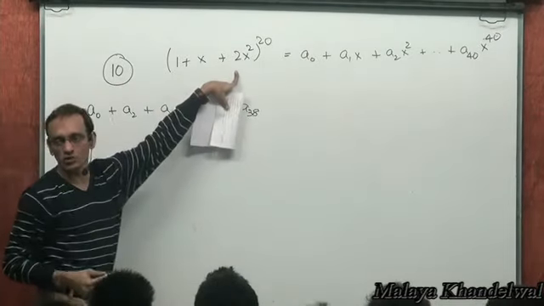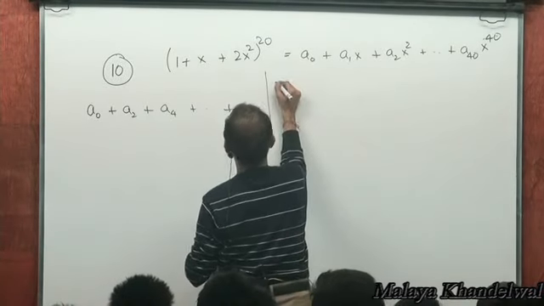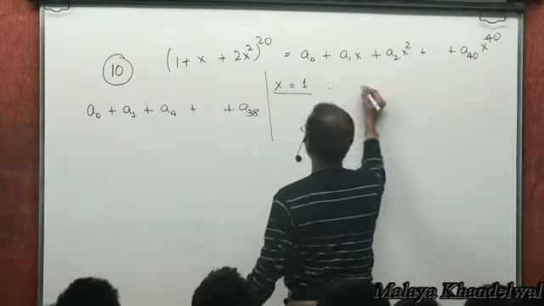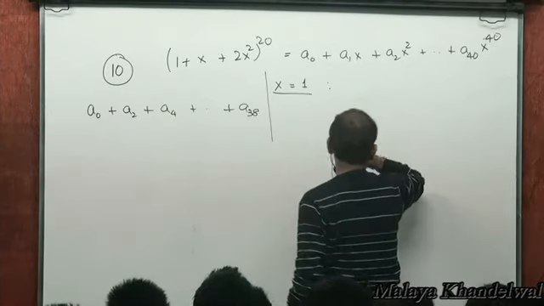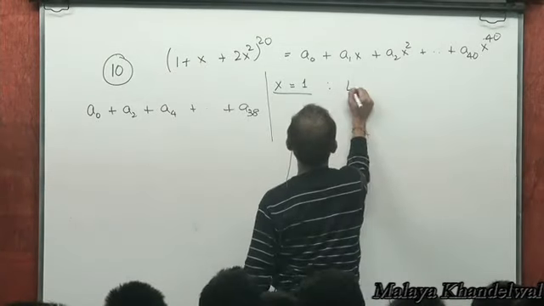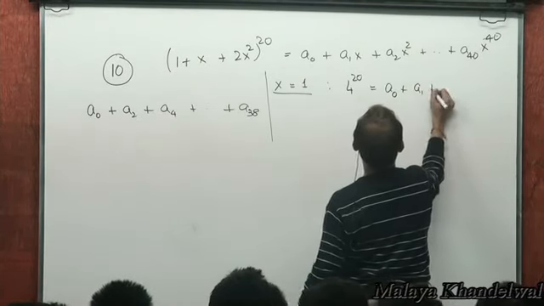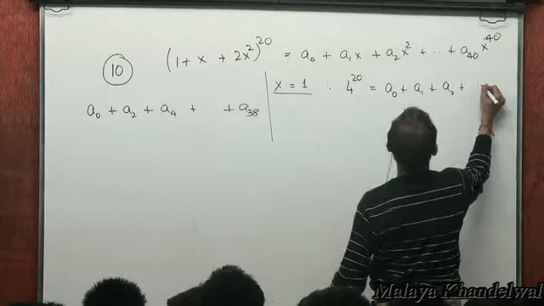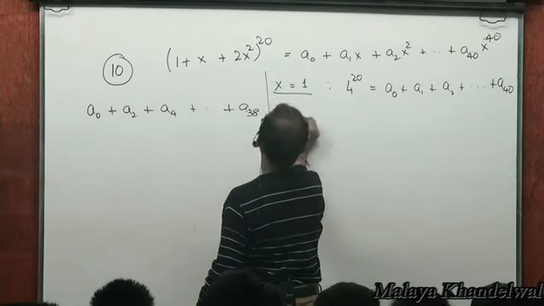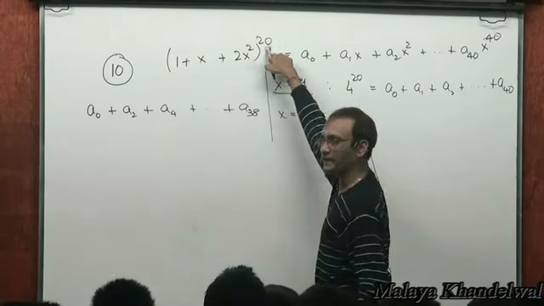Let me plug in x equal to 1 on both sides. So that makes it 4 to power 20. Plug in x equal to minus 1. You get 2 to power 20.